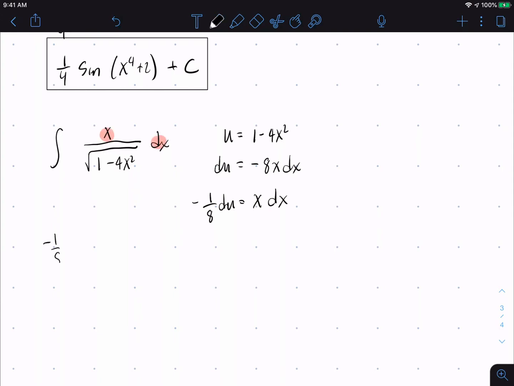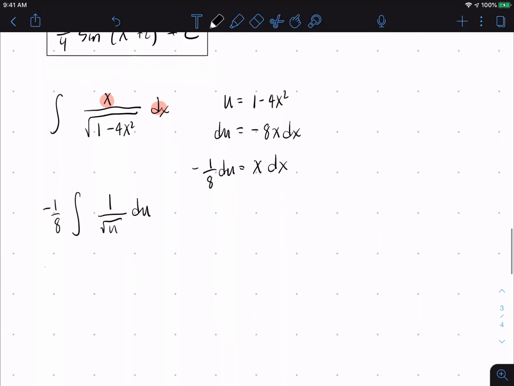So I'm going to get a negative 1/8 integral of 1 over the square root of u du. Well, we can integrate this problem. So we're going to get a negative 1/8 integral of u to the negative 1/2 du. So that's going to be u to the 1/2 times 2 times a negative 1/8 plus c.